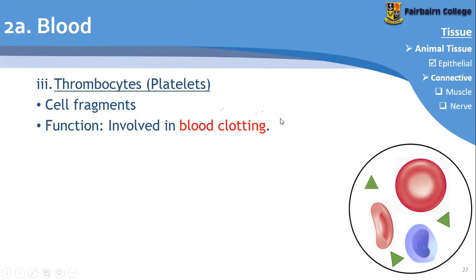So the thing that enables this is the thrombocytes, the platelets. So the platelets clot the blood, and they then form a scab and then stop the blood from flowing out of the wound.